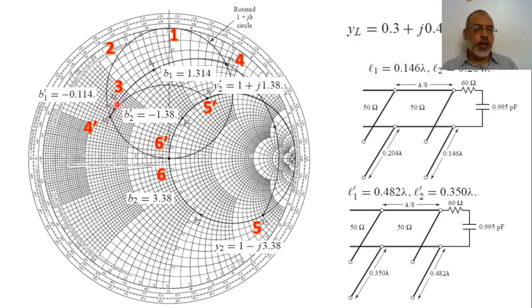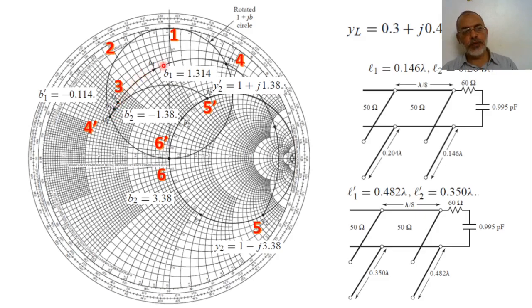Actually, the 0.4 minus the susceptance of this point is 0.114. This means that if we are going to add negative B1 dash, in this case it would be minus 0.114 to reach the point Y1 dash. So this is a solution and this is another solution.